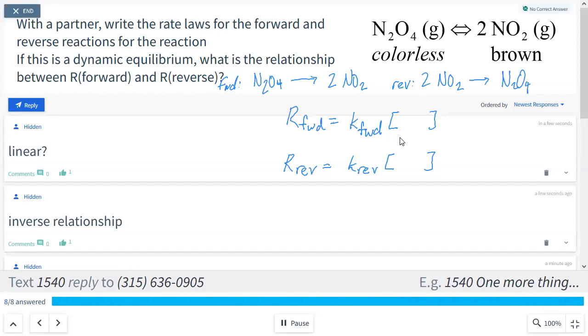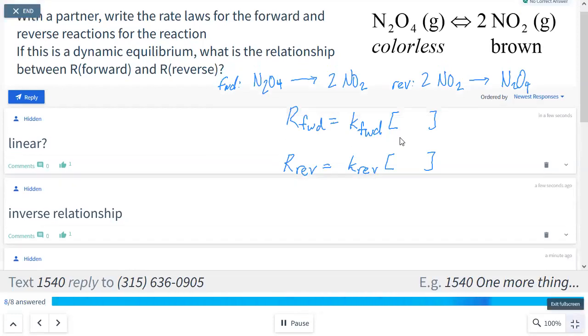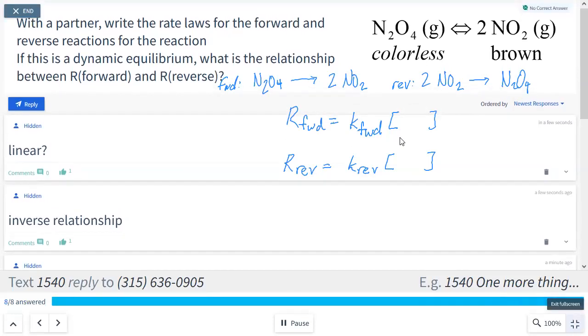As far as each one's concerned, the forward reaction would be first order in N2O4. The reverse reaction would be second order in NO2. Why these values? Because these are elementary reactions. Remember, elementary reactions are single step mechanisms, so the stoichiometry and the rate law match.